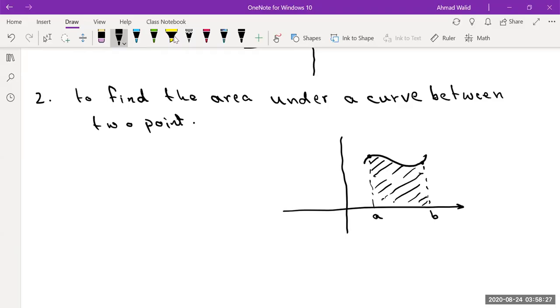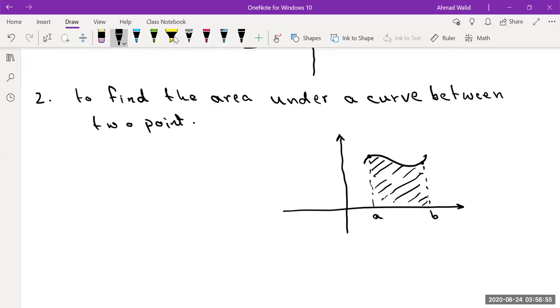With algebra, geometry, or trigonometry, the classes that you had before, it's impossible to find the area under a curve. But calculus gives you the power to calculate the area under a curve, even the area between two curves, correct? We use these topics a lot in engineering.